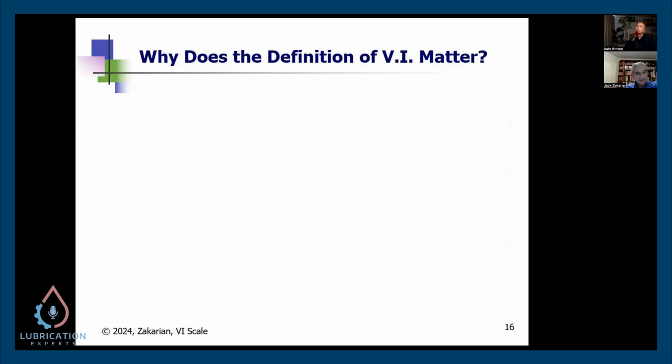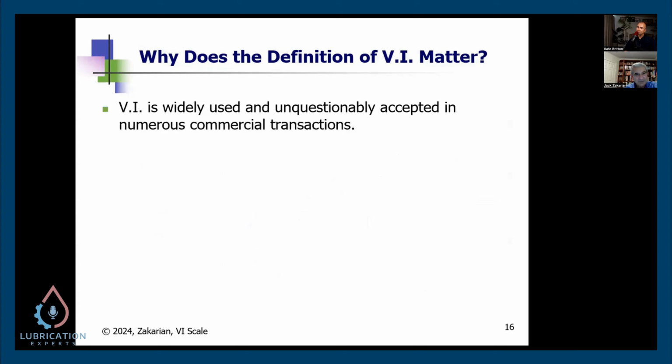So why even bother with getting into all of this? Because we've had the method for 95 years and it seems to work and nobody seems to question anything. Well, the question is the key word, that VI is so widely used that it's accepted without question in many commercial transactions.